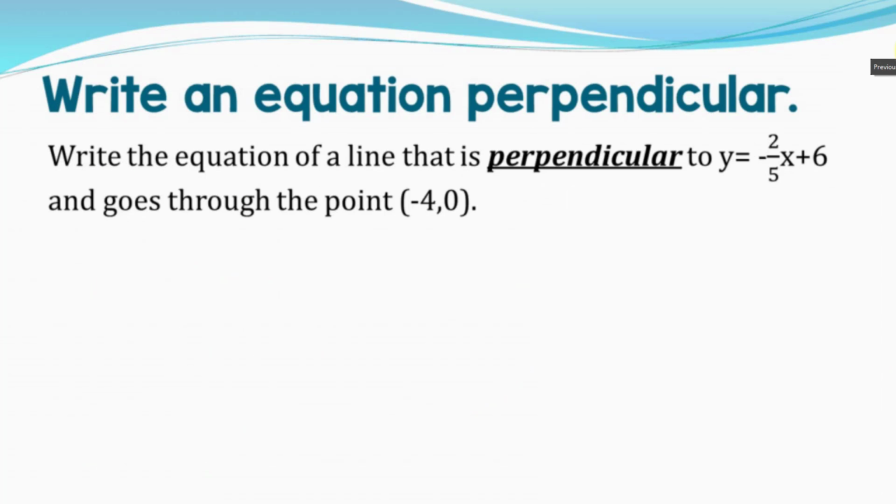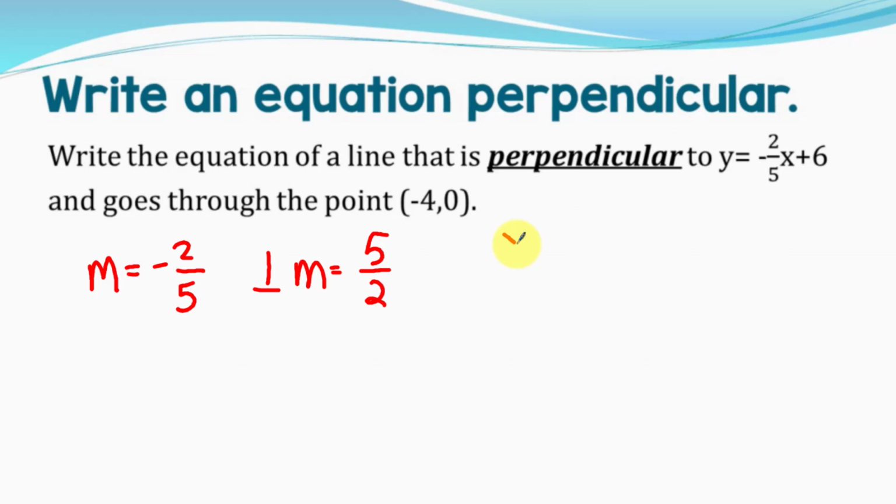All right, we're going to do the same thing, but now we need a perpendicular slope. So my slope right now is negative 2/5. So my new equation needs to have a slope that is perpendicular, and that's going to be flipped and the opposite sign. And it needs to go through the point negative 4, 0.